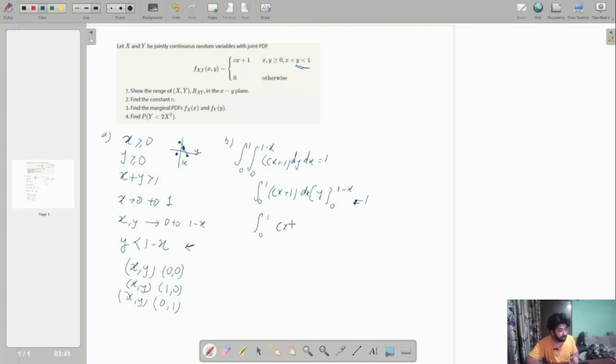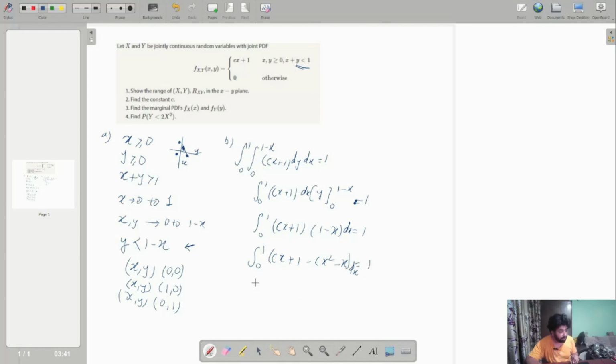I'll write cx plus 1 times 1 minus x, equal to 1. Now if I multiply this, I'll have cx plus 1 minus cx square minus x. This will equal 1, with dx.